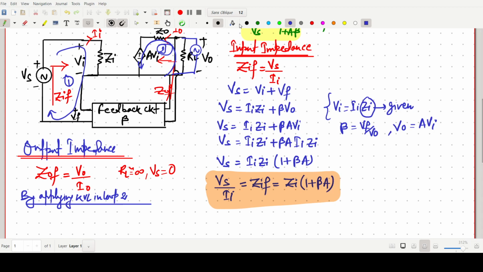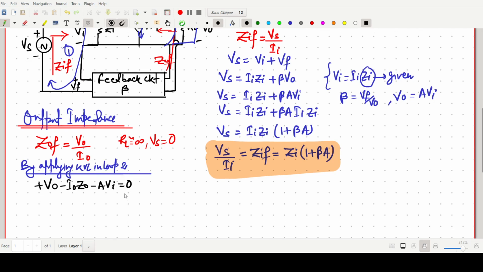So one can write V naught plus V naught minus I naught Z naught minus A times Vi equals 0. I am just writing the KVL equation. So now one can write the value of output voltage is I naught Z naught plus A times Vi. Okay, so up to this one it is clear.